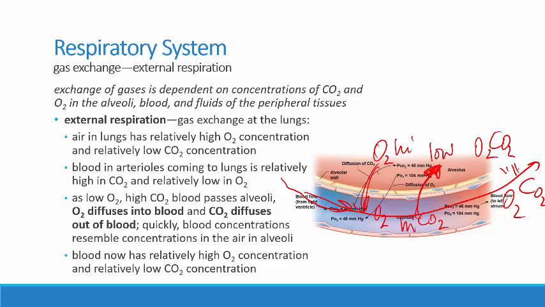So the blood comes in high CO2, low O2. It leaves low CO2, high O2. Partial pressures of CO2 are low, partial pressure of oxygen is high. Make sense? I hope so.